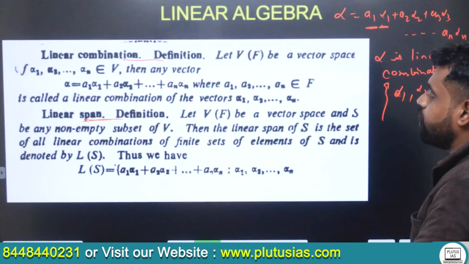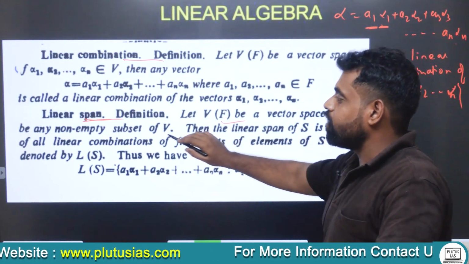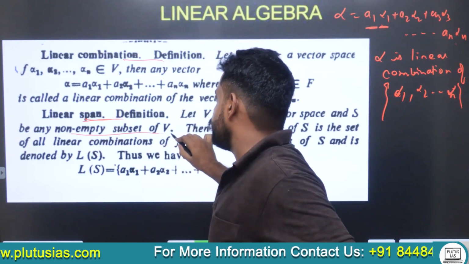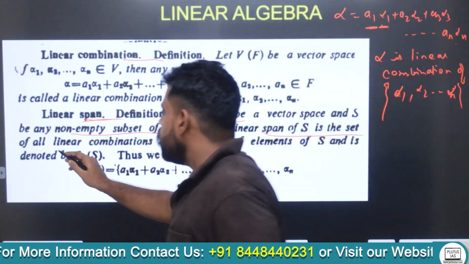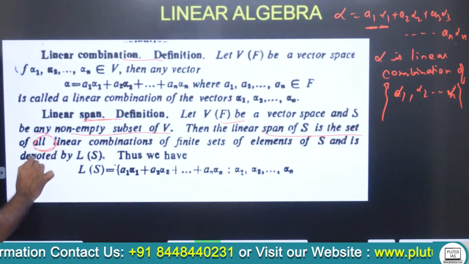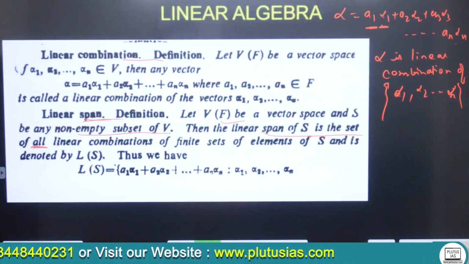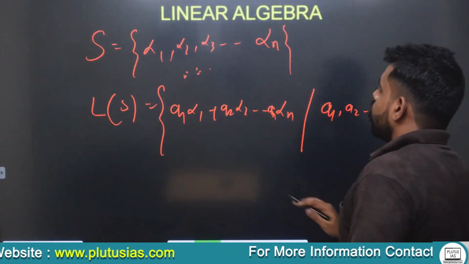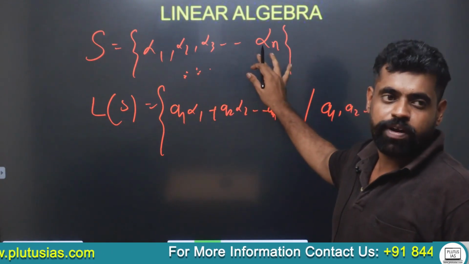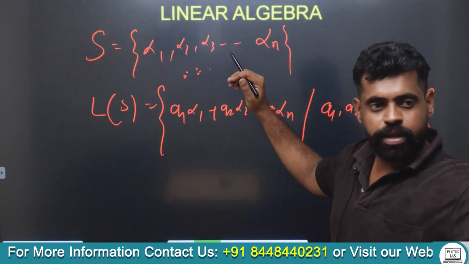Again I am saying this, I'll show you the definition. Let V(F) be a vector space and S be a non-empty subset of V, then the linear span of S is the set of all linear combinations. See this term, all the linear combinations. Suppose this is alpha 1, alpha 2, alpha 3, alpha n, and the field given is the real numbers.